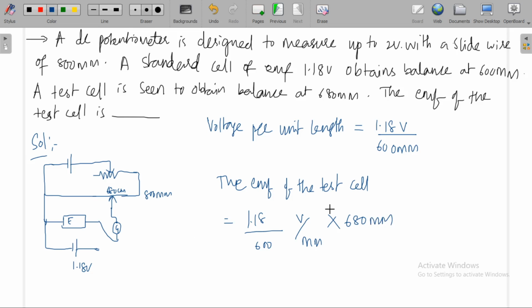Then you are going to get the EMF of the test cell, which is equal to 1.18 into 680 by 600, nearly equal to 1.34 volts.